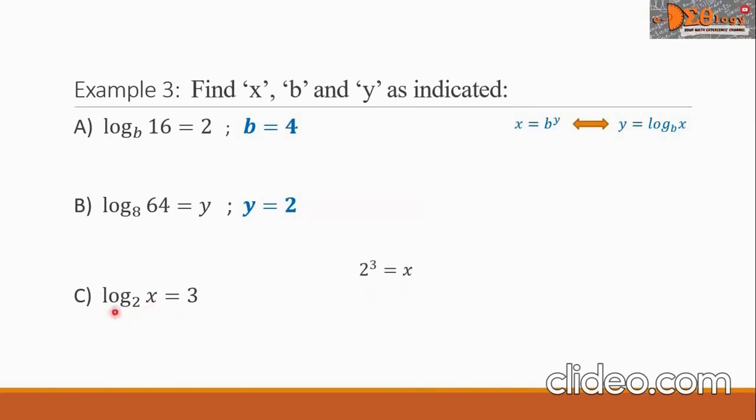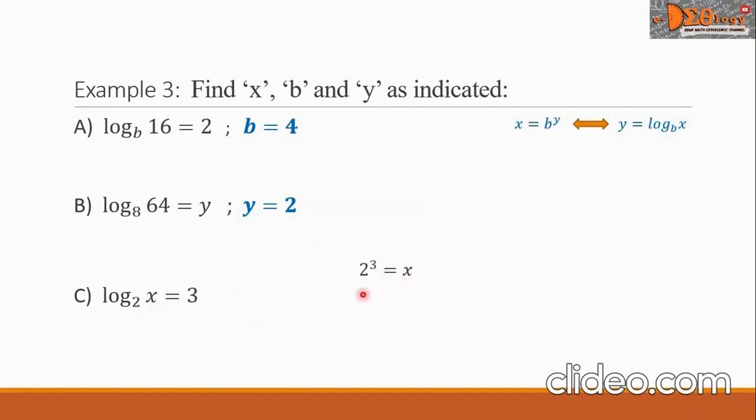Again, the log with base 2, I will copy that number 2 here as the base also of the exponent. The number 3 is the exponent itself, so that is 2 raised to 3. And this is equal to this number x, and I will copy it here.